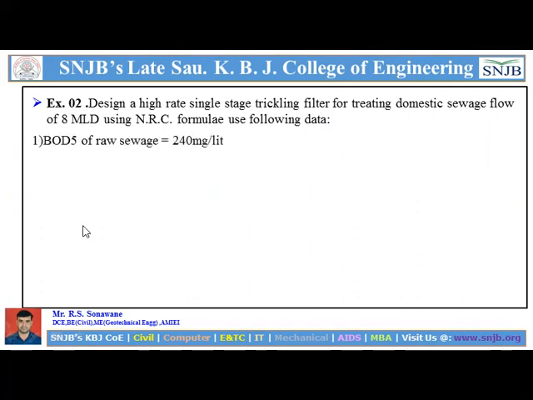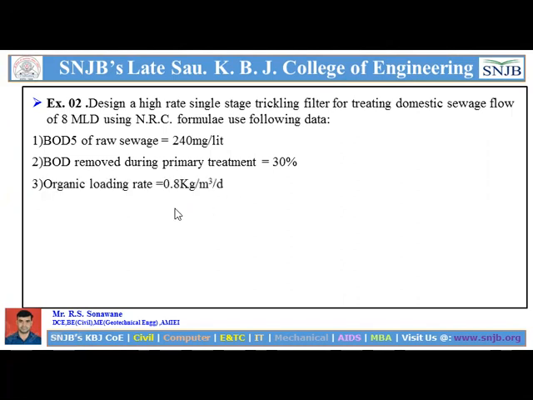Here, first given is the BOD of 5 days of raw sewage, that is 240 mg per liter. BOD removed during primary treatment is near about 30%. Then the organic loading rate is given as 0.8 kg per meter cube per day.